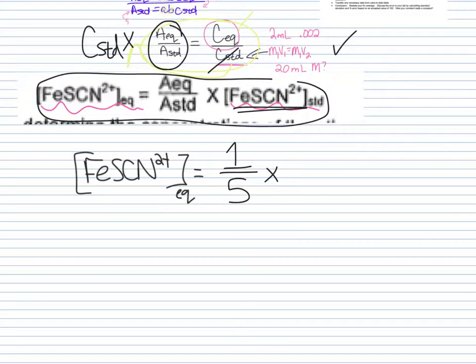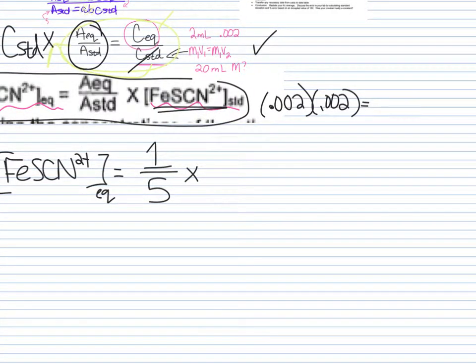And so when you go to calculate, and feel free to use mine if you want, I'm going to go ahead and say 0.002 times 0.002 equals my other M, my new volume, 0.02.